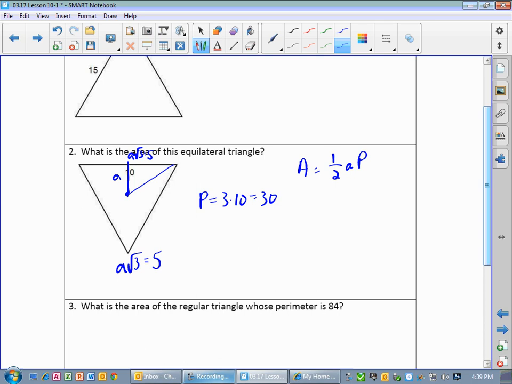It must be the same. And so we divide both sides by the square root of 3. And so a is equal to 5 over the square root of 3. So once I know my perimeter and my apothem, then we just come to our formula, 1/2 times 5 over root 3 times 30. And then it's just a matter of putting that in the calculator.